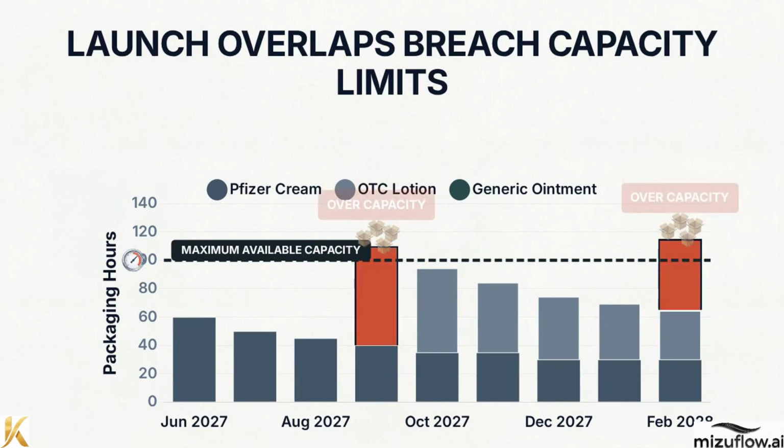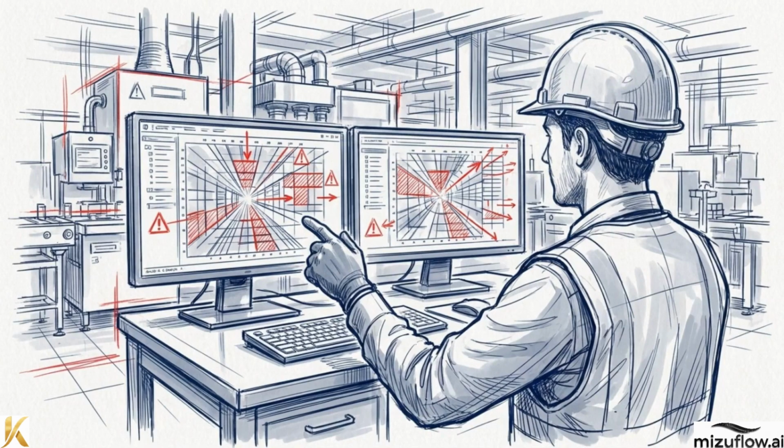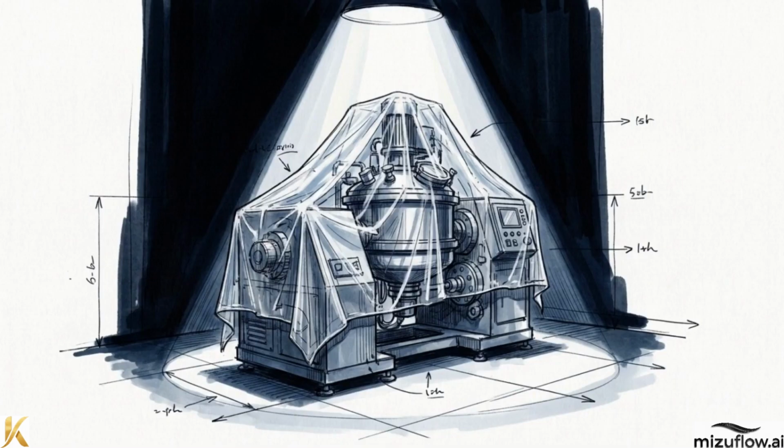These specific breach points indicate where overlapping launches demand more capacity than physically exists. Operations managers must identify this bottleneck consumption during the early pipeline phase, months before raw materials and procurement orders are triggered. Evaluating a commercial opportunity strictly on its revenue masks its potential to cause total factory gridlock. Commercial instability directly causes operational underabsorption and capacity crises.